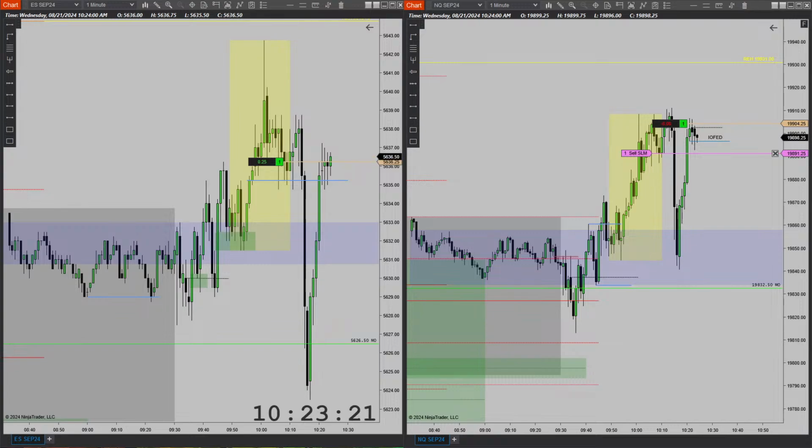I don't want to see any move lower anymore. Oh, and there it goes. Darn. That's unfortunate. All right, that's it for now. Anyways, I'll call it a day.